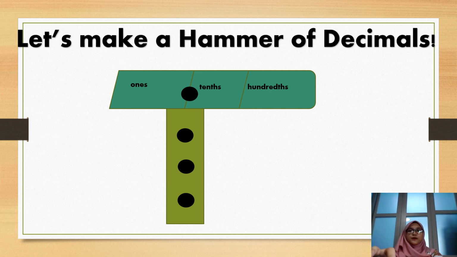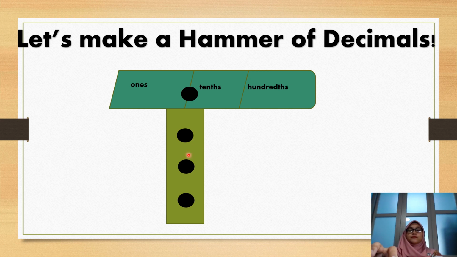Okay, I want to introduce you to a hammer of decimals. This is what we call the hammer of decimals. Look here, there are decimal places, which are ones, tens, and hundreds, and we have the decimal point.